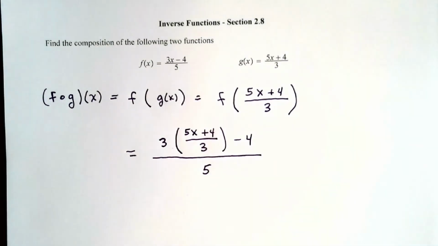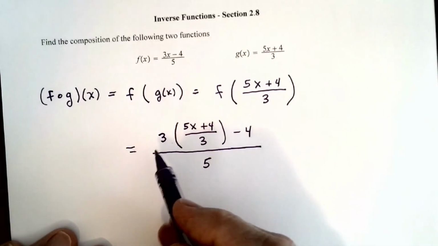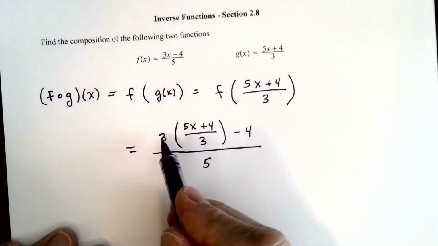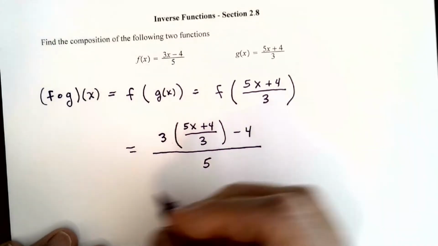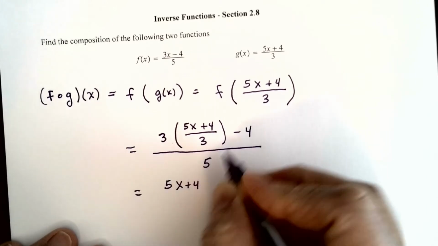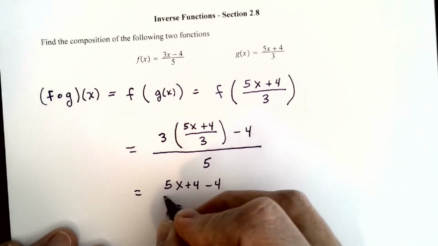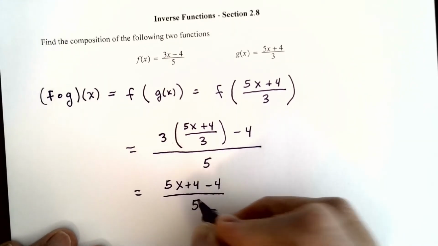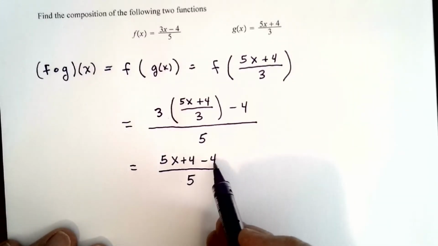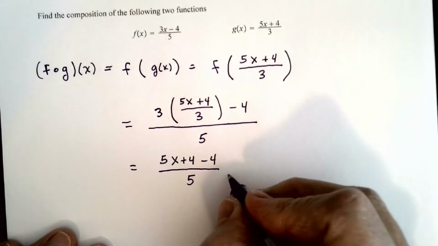And so, can I simplify this now? Well, yes. I notice right away when I multiply 3 times this fraction, 3 times 1/3 is 1, right? These cancel right here, and I'm simply left with 5x plus 4 minus 4 over 5. Well, now what? 4 and a negative 4 combine to 0.